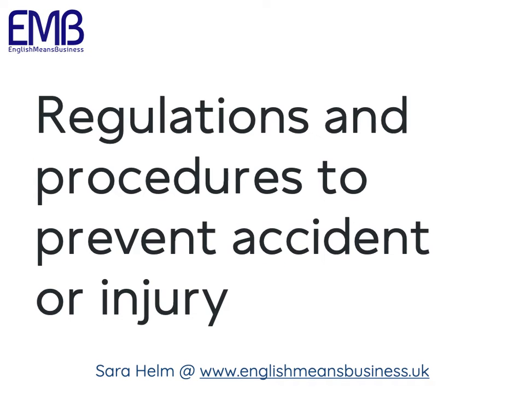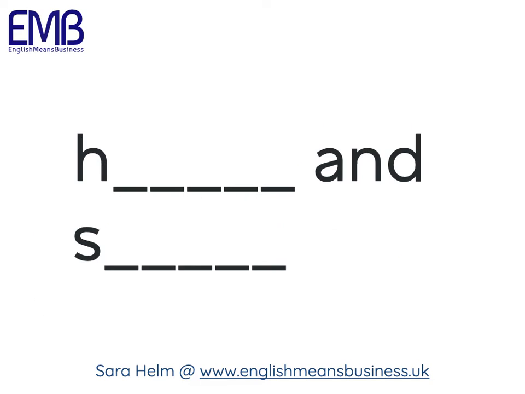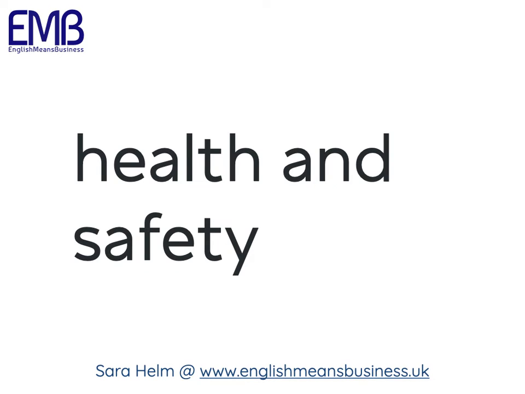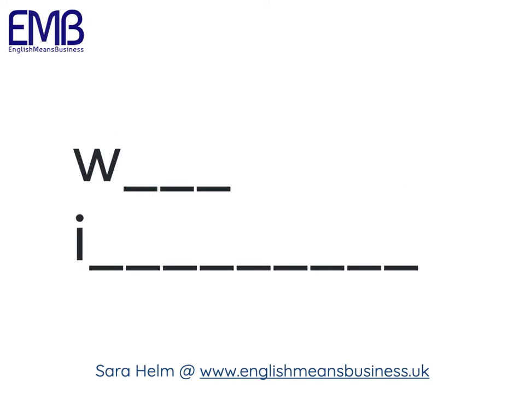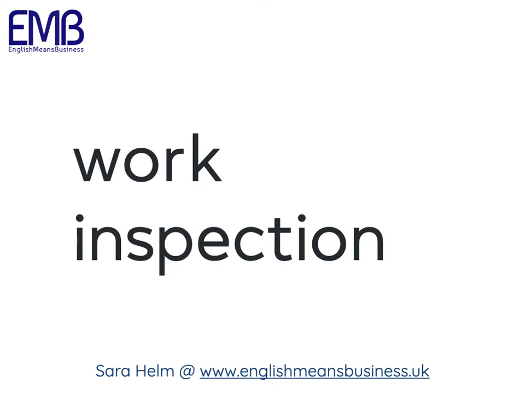What is the collective name for regulations and procedures to prevent accident or injury? Health and safety. This is when inspectors come to check that the factory is a safe place to work. It's a work inspection.